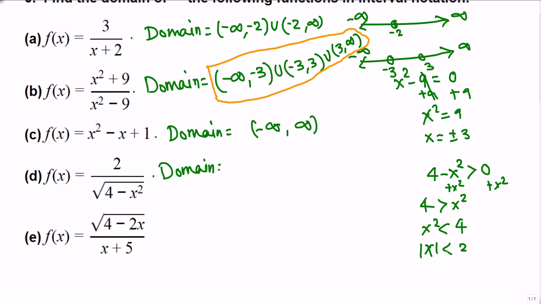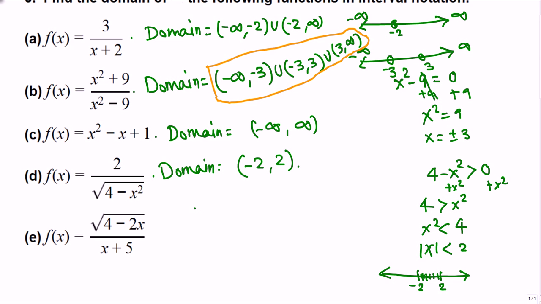Absolute x less than 2 means on the number line all the x should be in between negative 2 and 2. Any number in between negative 2 and 2 has absolute value less than 2. So the domain is only the numbers in between negative 2 and 2.